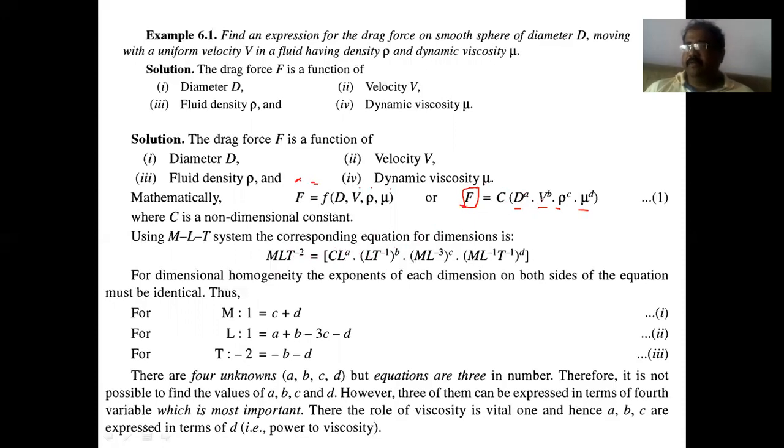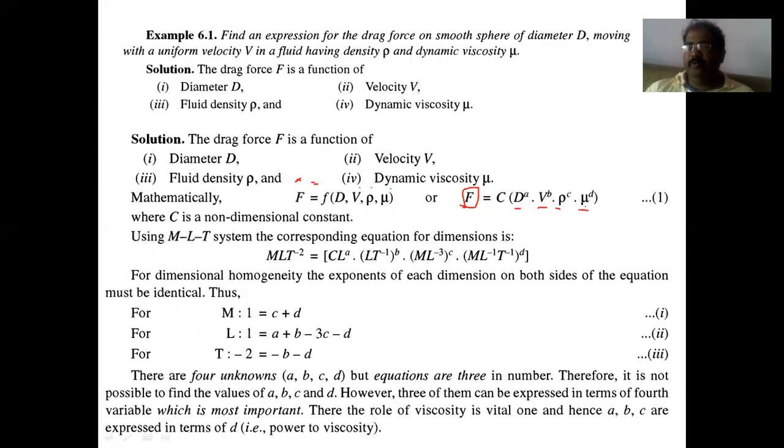V is the velocity, meaning distance per unit time, so we write L T raised to power minus 1, raised to power b. Rho is kg per meter cube, denoted by M L raised to power minus 3, whole raised to power c.